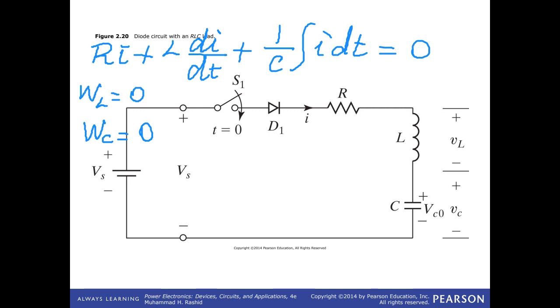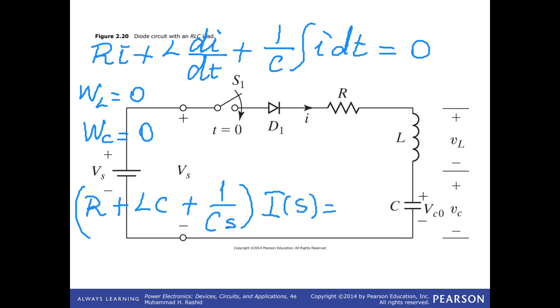Laplace form of those. R plus LS plus 1 over CS, you are used to this, I know. I(s) is equal to Vs over S. Vs is a step function.